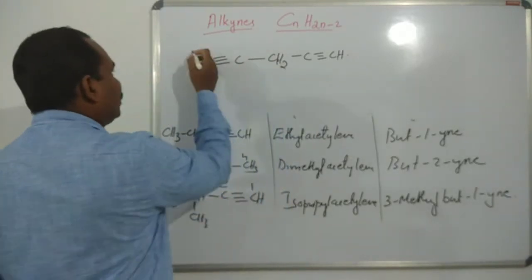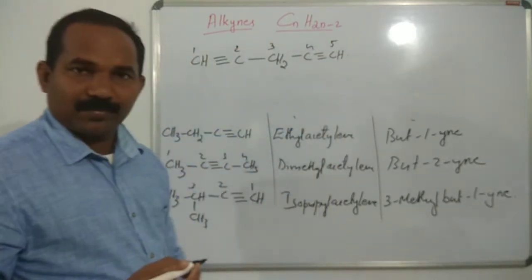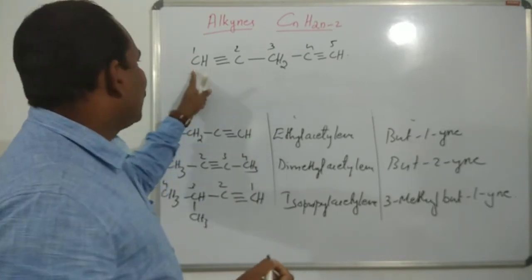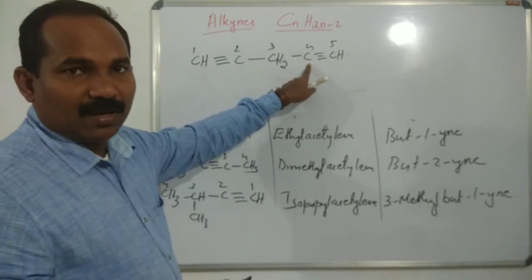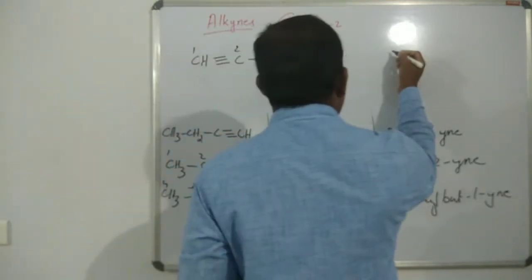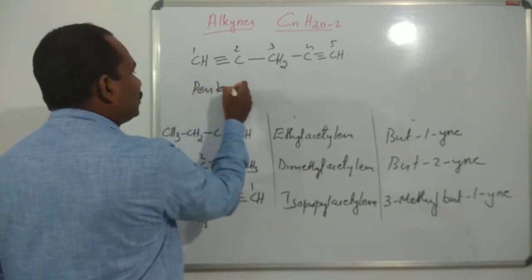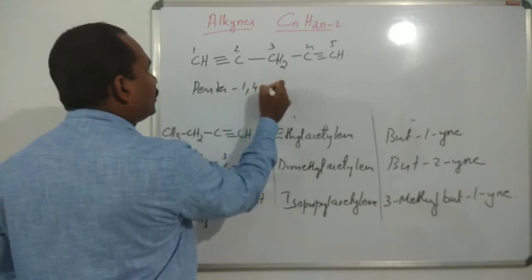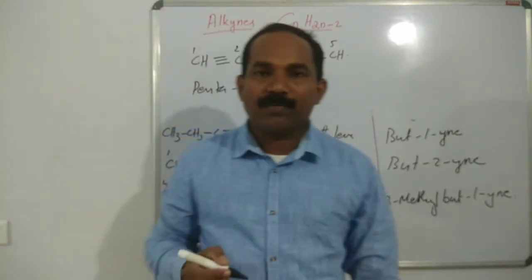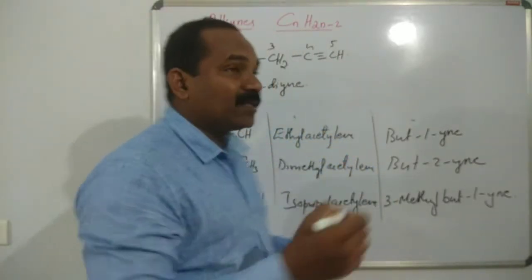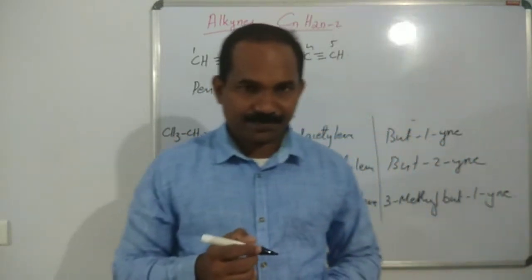So starting from any position, 1, 2, 3, 4, 5, the triple bonds are at the first position and 4th position. What is the IUPAC name of this compound? Penta-1,4-diyne. So these are the common rules for naming the alkynes.